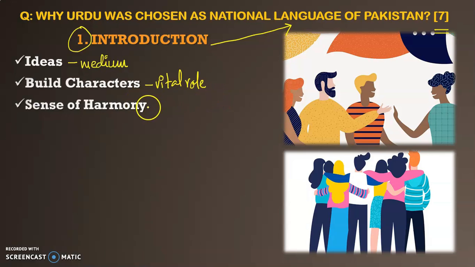And the last thing is that it creates harmony, or peace, among the people. So if you have a common language, it would create a lot of things. For example, it would be much easier for you to express your ideas, your feelings, or your sentiments to the other person. So these are the major things that you would write in the introduction.